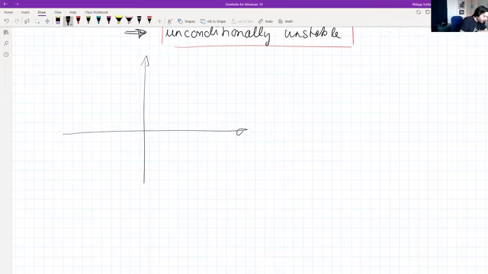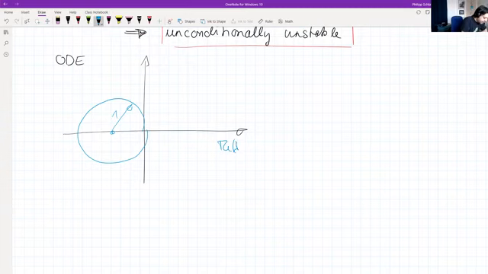We had for the ODE, for the Euler scheme, this circle here, remember, where this was a radius of 1, and this was kind of the real part of Z. This was the real part of Z, and this was the imaginary part of Z. And then we said, okay, it's stable inside here.